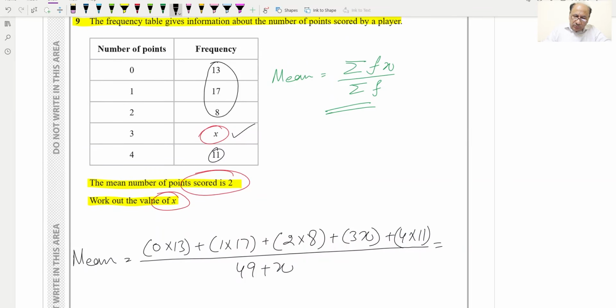And this is equal to 2, as the mean is given as 2.